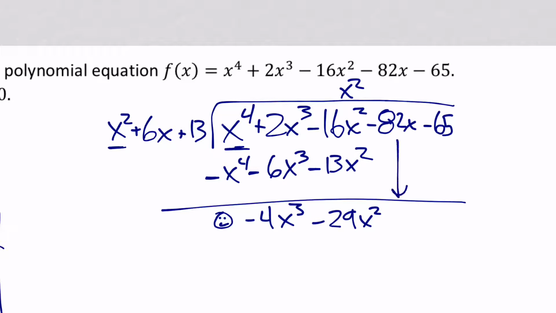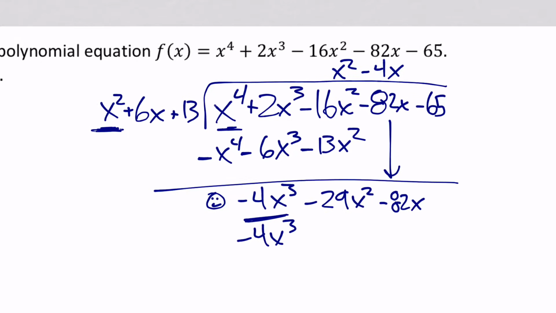Let's pull down our minus 82x, and now let's play the game again. x squared times what is negative 4x cubed? Well, it is negative 4x. So negative 4x times x squared is negative 4x cubed. Negative 4x times 6x is negative 24x squared.